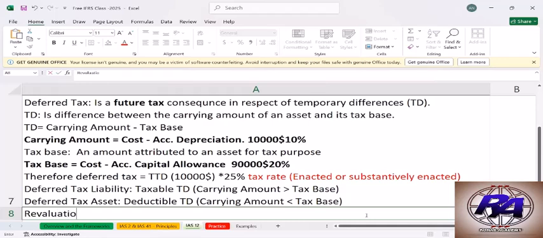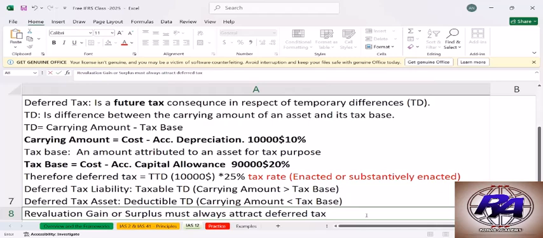Revaluation gain or surplus must always attract deferred tax, and at that point the tax base is always 0, so that is going to be a taxable temporary difference, which will give us our deferred tax liability.